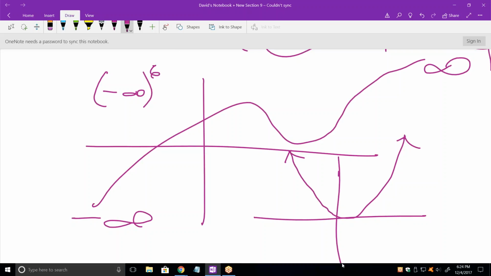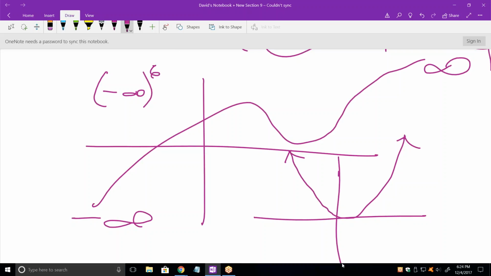That's a positive infinity. What's negative 2 cubed? Negative 2 cubed is negative infinity. What's negative 2 cubed? Negative 2 times negative 2 times negative 2. What is that?